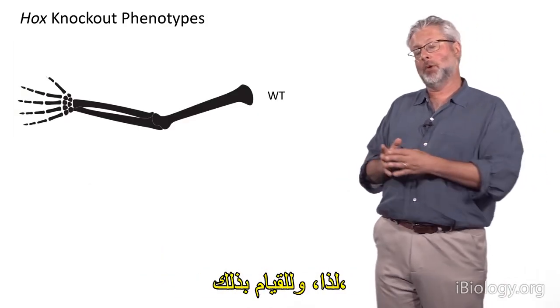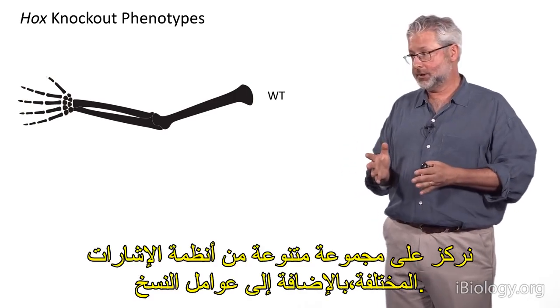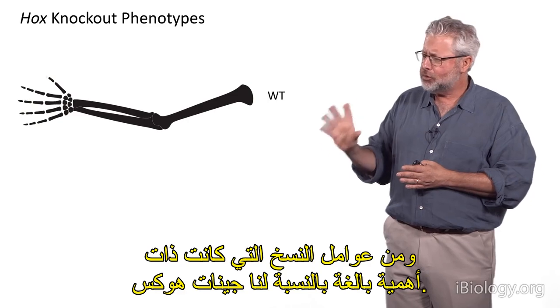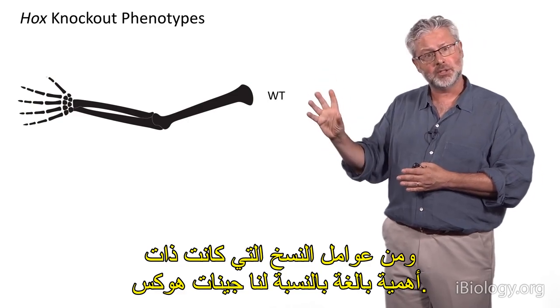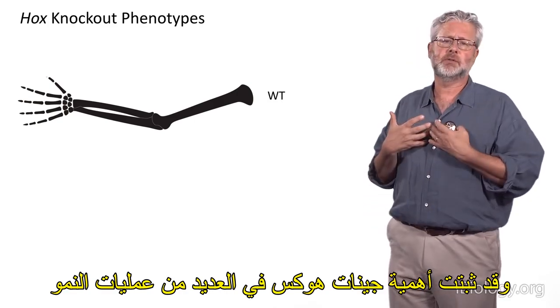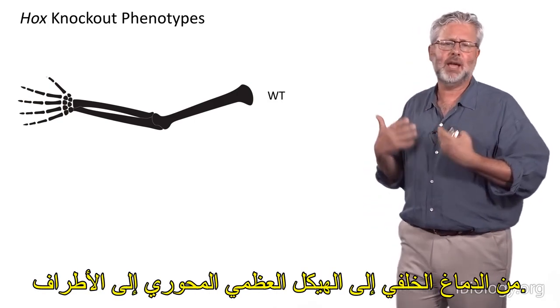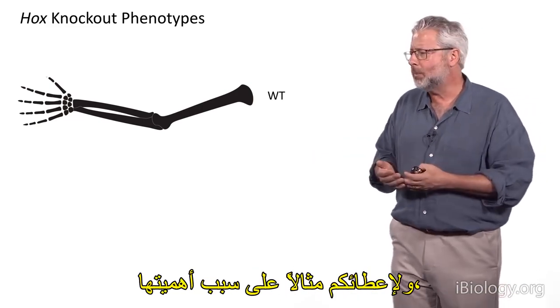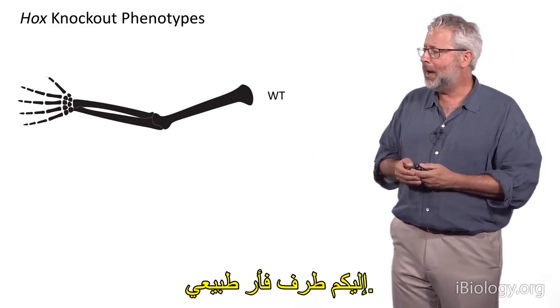So to do that, we focus on a variety of different signaling systems as well as transcription factors. One of the transcription factors that's been incredibly important to us are the Hox genes. The Hox genes have been shown to be important in a variety of processes of development, from hindbrains to the axial skeleton to limbs. To give you an example of why they're considered so important, here's a wild-type mouse limb.